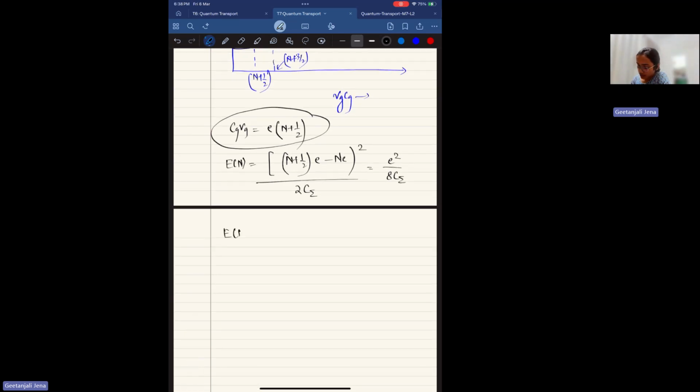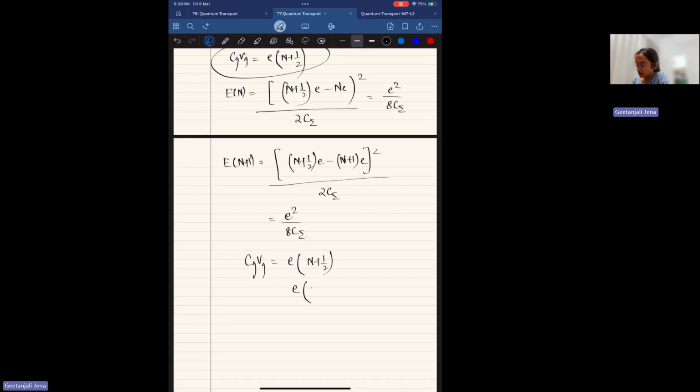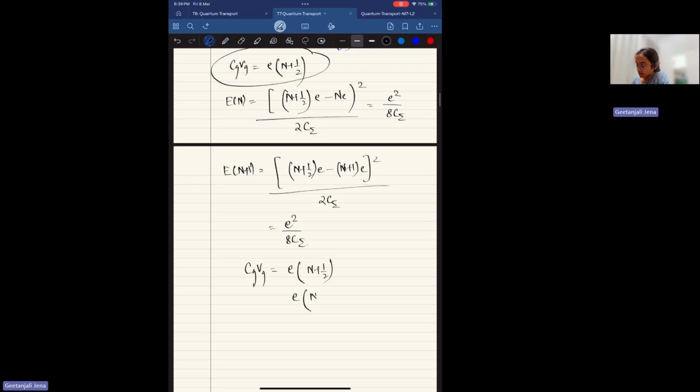Similarly, if we calculate En plus 1, then CgVg is (n plus half)e and this is (n plus 1)e, squared, over 2C sigma. So this will also give e squared by 8C sigma. That means at the point where CgVg is equal to e times n plus half, or for the next point, n plus 3 by 2, and so on.